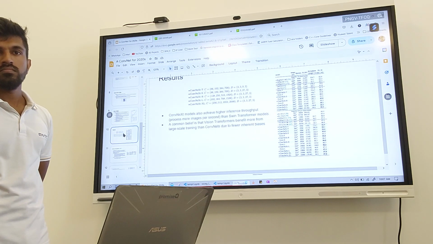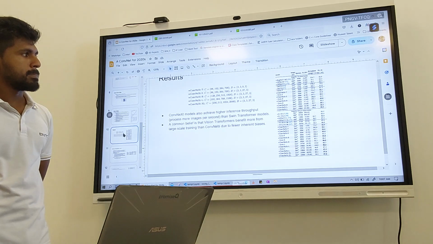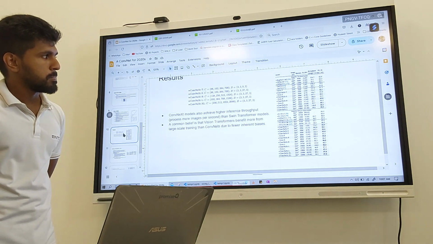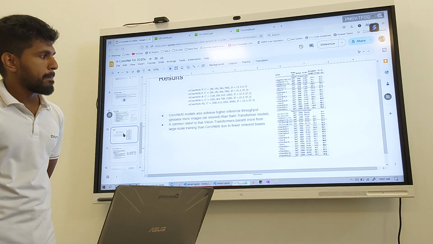Compared with EfficientNet, this one has a high number of FLOPs, right? No, it's okay, right? ConvNeXt at 384 is 41.1 gigaflops. So this one is better, right?